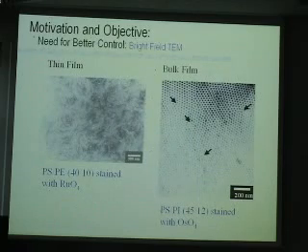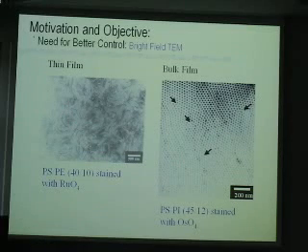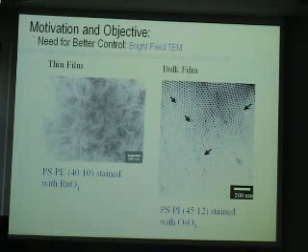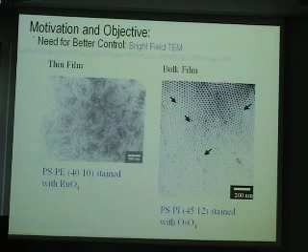But in reality, if you want to use the block copolymer, we have to overcome one thing, which is orientation and control of the microdomain structure. This is typical microdomain structure of block copolymer when they just self-assemble. So this is thin film and the bulk film.